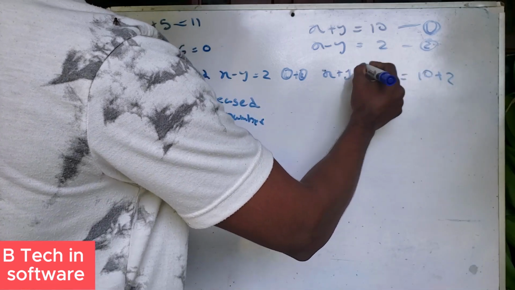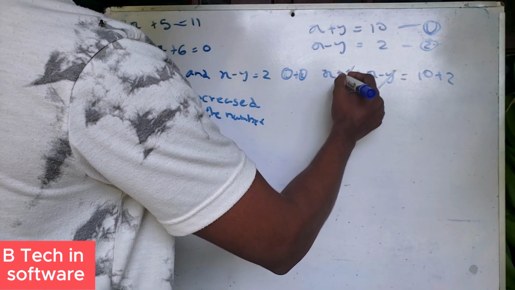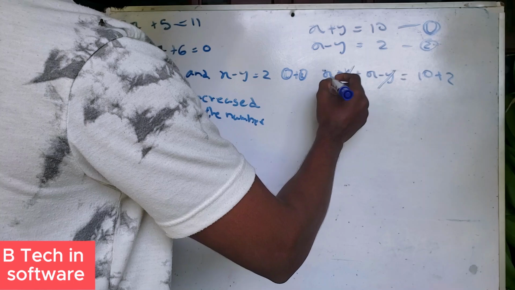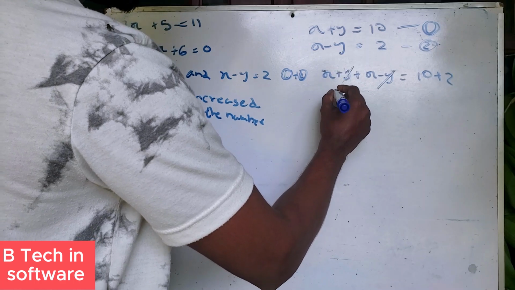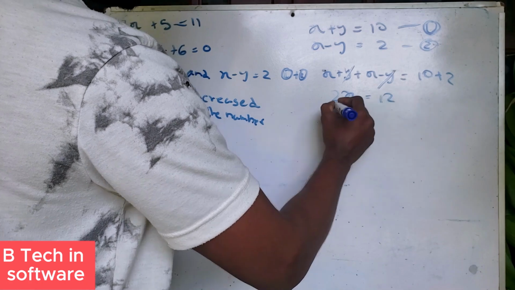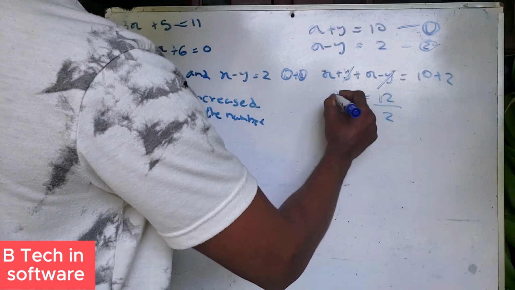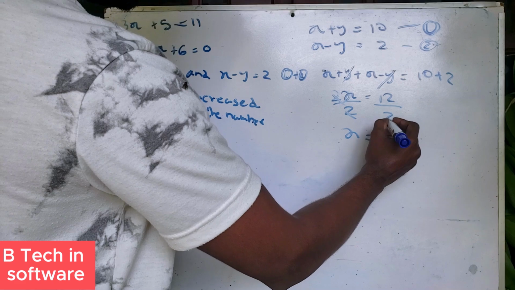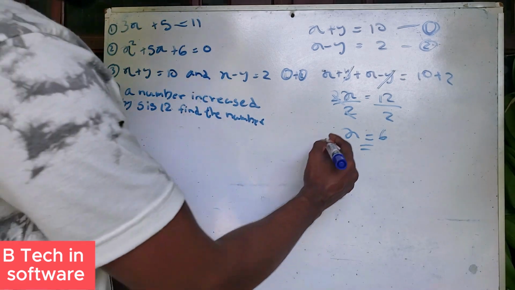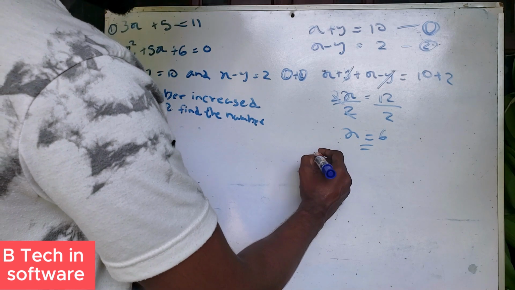Here plus y minus y will cancel out, and then 2x is 12, divided by 2, x is equal to 6. x is equal to 6, and then we can find the y value also.